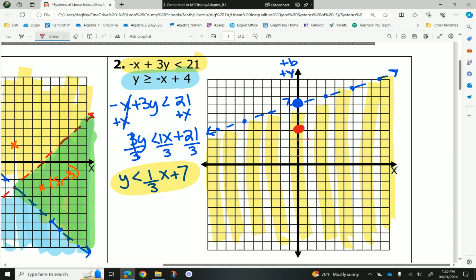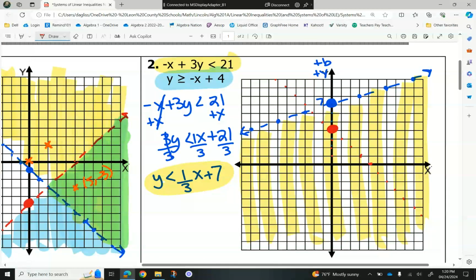Down 1 over 1. Because this one was negative. We can also go up and back. Are these going to be connected by a solid or dashed line? Solid this time. Good, because we were equal to, right?